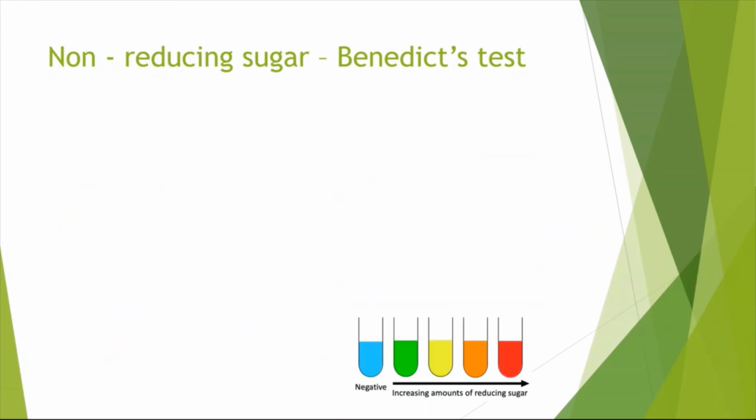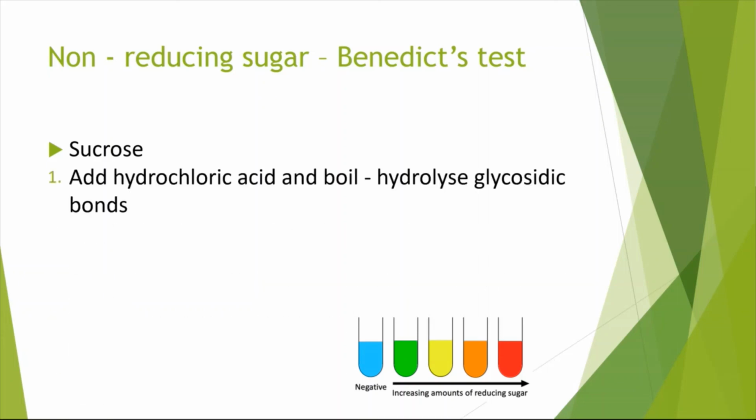Okay, now the non-reducing sugar, again it's Benedict's test. You're required to know that sucrose is a non-reducing sugar. What you do is add HCl, hydrochloric acid, and then boil to hydrolyze the glycosidic bonds.